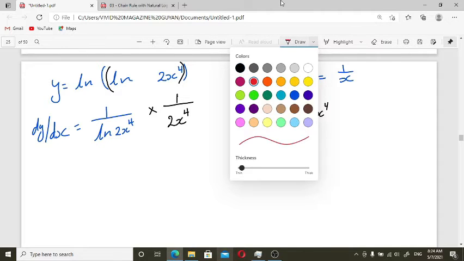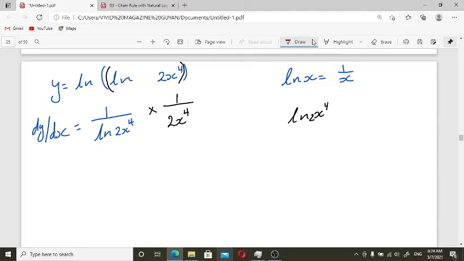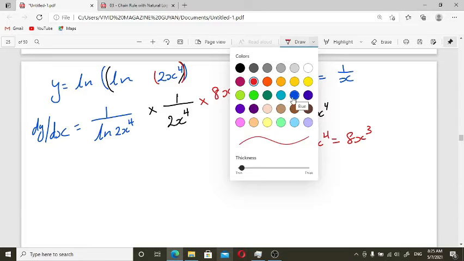Give you red. So this is now multiplied by the derivative of 2x to the fourth, which is going to be 8x cubed. So going back to my shade of blue. Good.